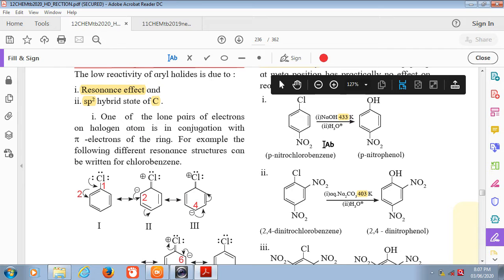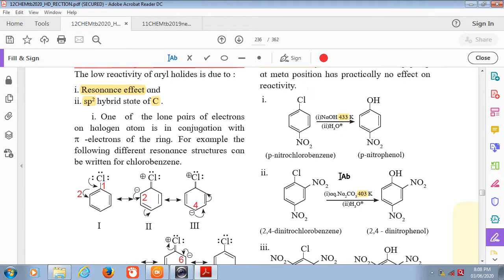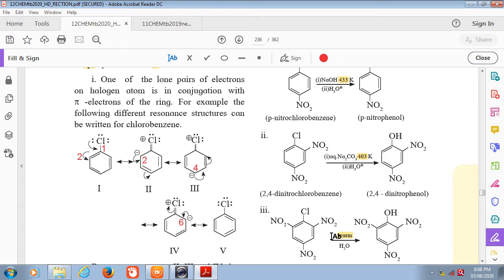If we check the reagent also, when there is only one withdrawing group, strong base NaOH is required. If there are two NO2 withdrawing groups, then aqueous Na2CO3, which is a weaker base than NaOH, is the reagent. And if there are three NO2 groups, then there is no need of a base.